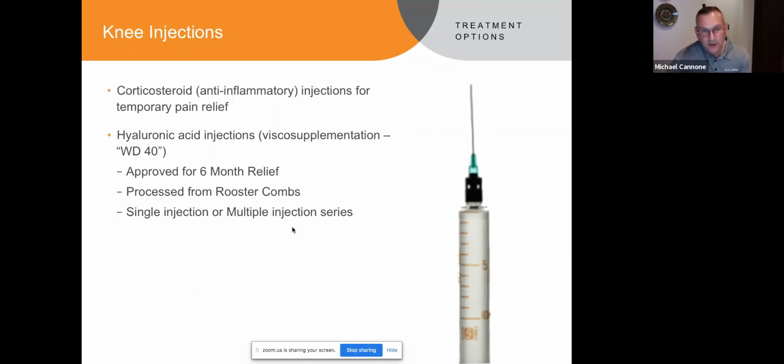So once again, it's not a cure, but it does give you some short-term relief, lets you get your thoughts together and decide how bad this knee is bothering you and how bad you really want to do something with it. Because if you get to the point where we're talking about joint replacement, you really need to be the one that makes the decision that you're ready to have it done.